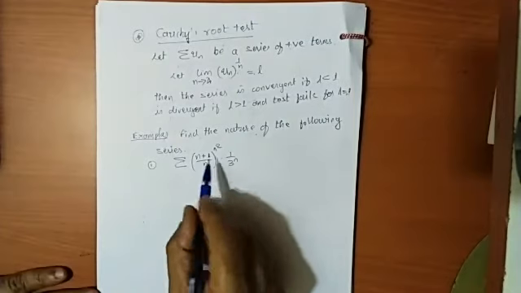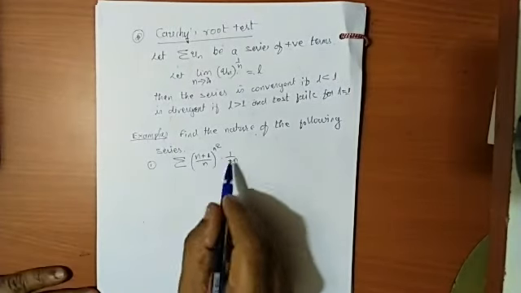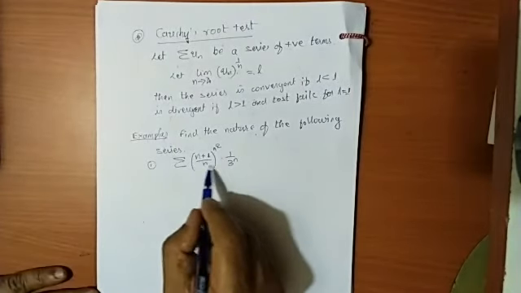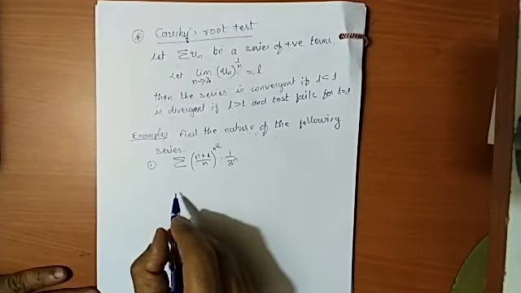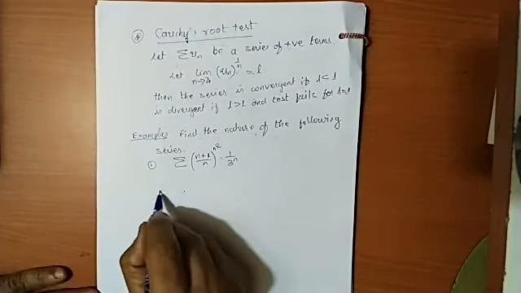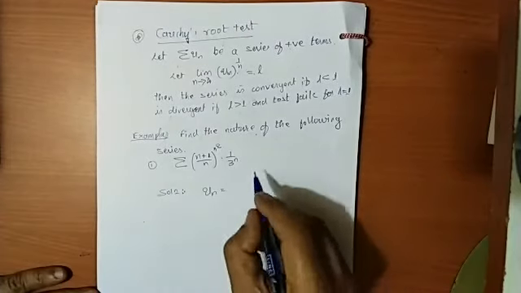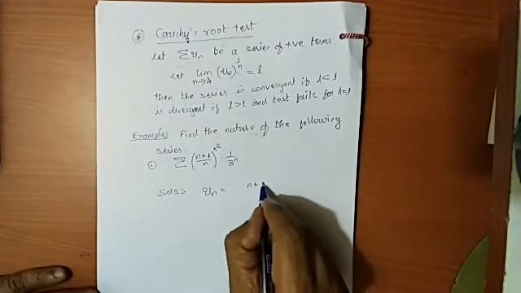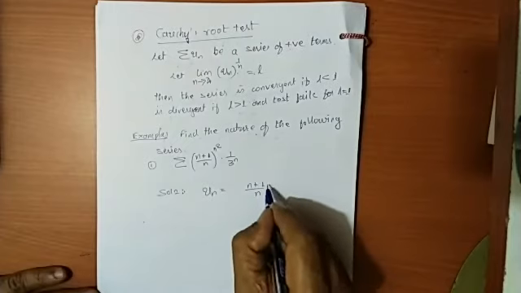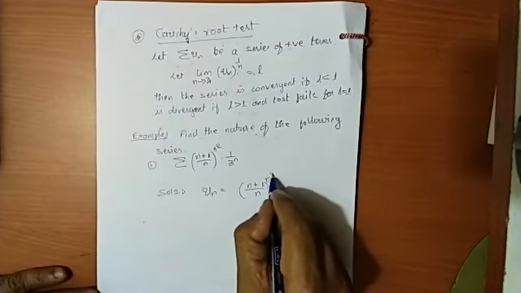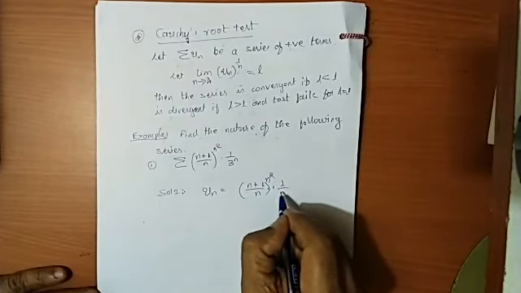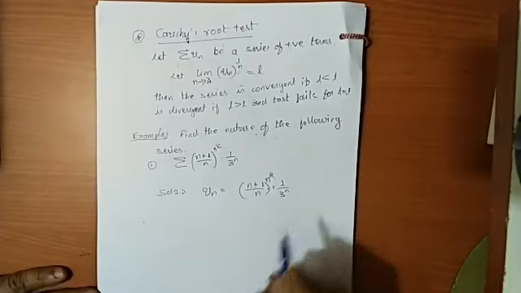Since he has given the series directly, considering un, I just write down the un. Solution: un is (n plus 1 by n) raised to n squared into 1 by 3 raised to n.